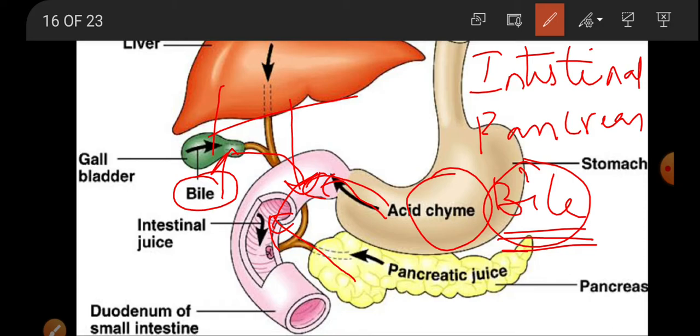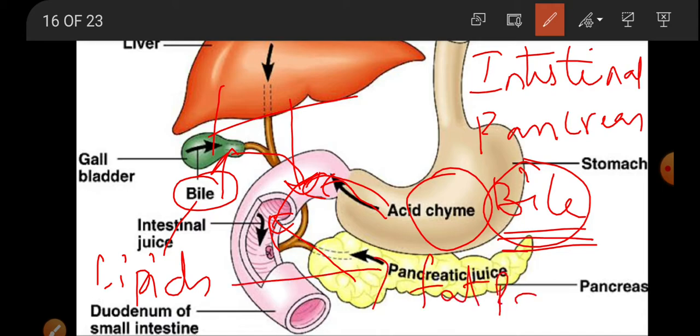So now this bile is acting on the fats or lipid molecules present in our food and converting those lipids into tiny fat particles. Okay, and the intestinal wall secretes some of the enzymes like lipase, peptidase, which are acting on the peptides and breaking them into smaller forms.